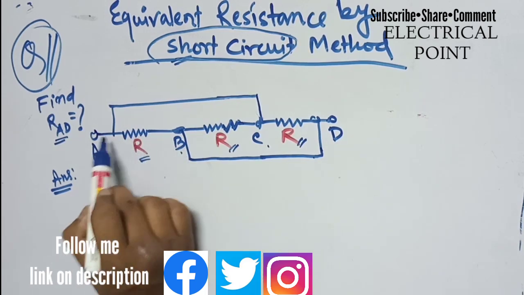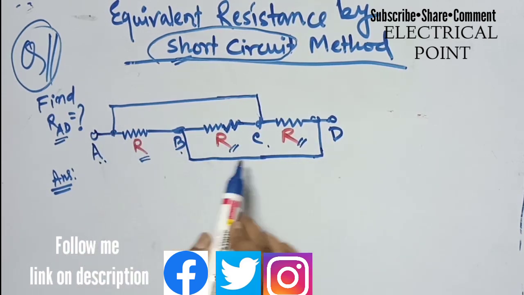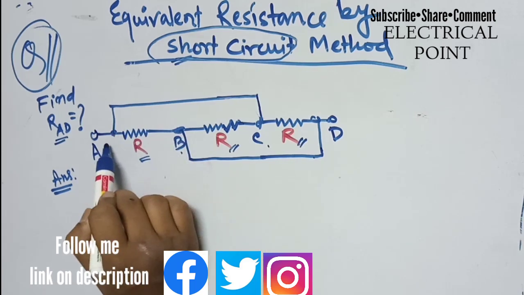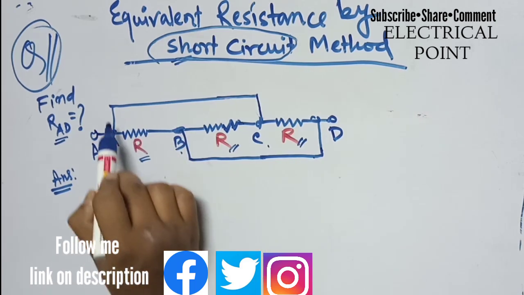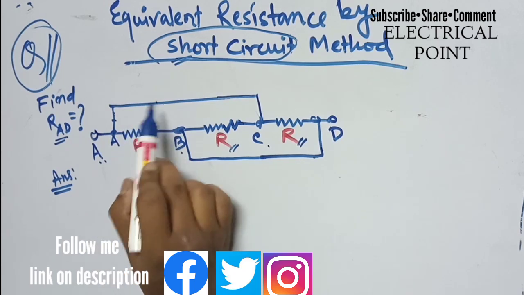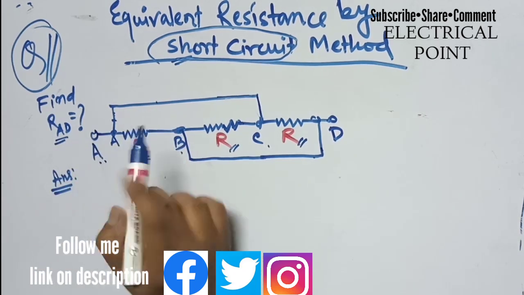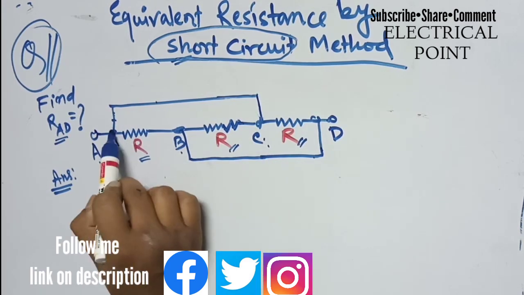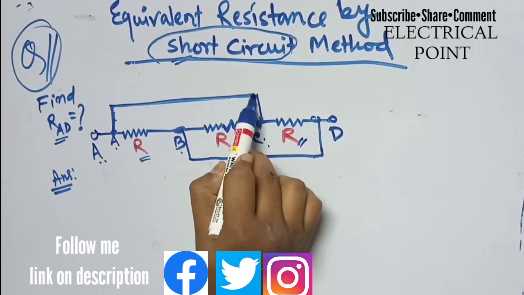Here you can see there are 2 short circuit paths. This is the A point. As there is no element like a resistance, inductor, or capacitor between A and C points, you can clearly see there is a short circuit path here.